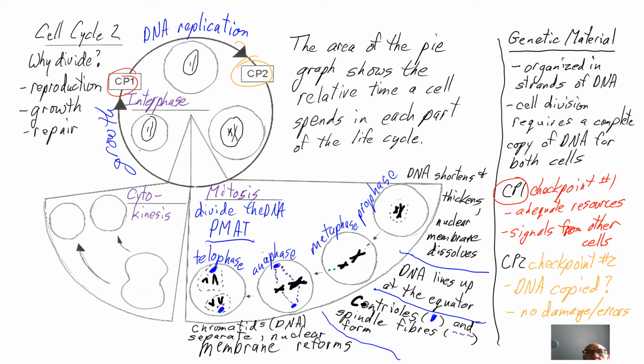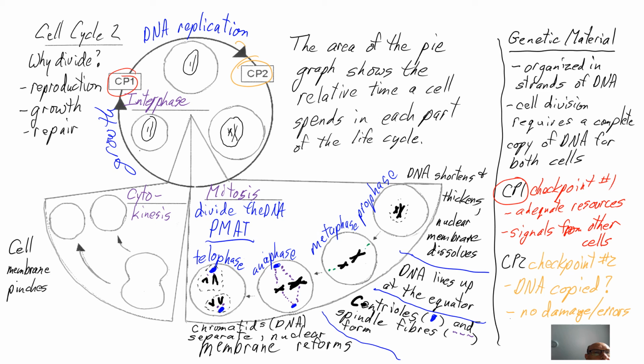Now, I'm going to write what cytokinesis is doing outside the wedge. Cell membrane. So remember, cell membrane is the outer part of the cell.